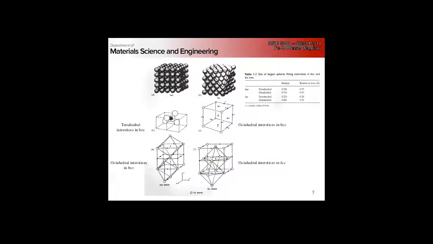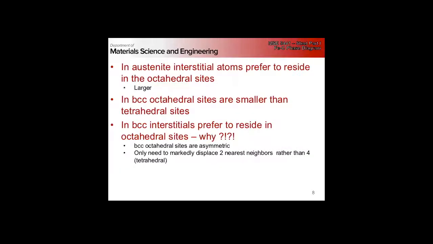And then we looked at interstitial sites, and we made the observation that in the austenite phase, the interstitial atoms prefer to reside in the octahedral sites, and they stay in the BCC octahedral sites as well because of the asymmetry of that site, and we only need to displace two atoms. Remember, the interstitial sites in BCC are smaller, right?